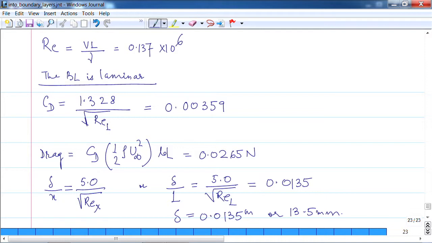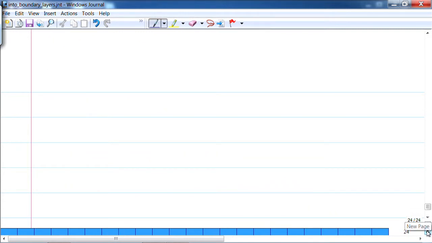We will come back and take a look at what all these things mean. Now let me go to the next page. Again, the displacement thickness at the end of the plate is given by 1.721 x by under root Re_x. You can straight away go ahead and find this out. There are things you can play around with also.